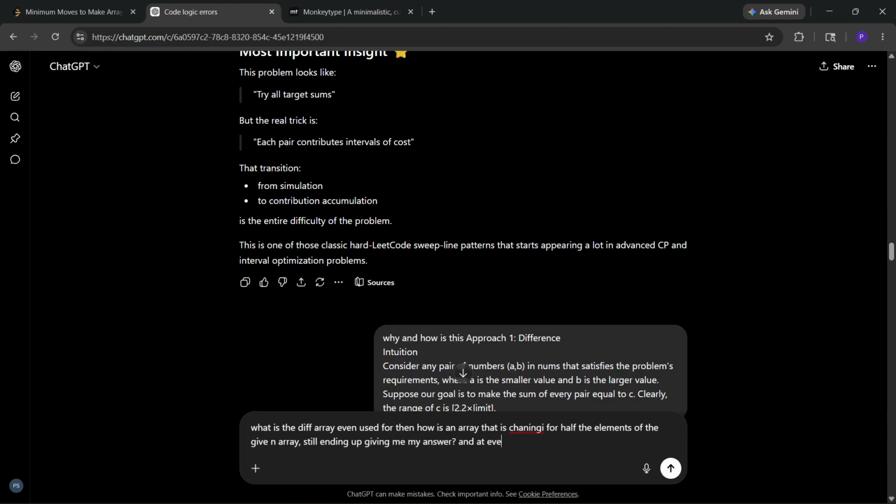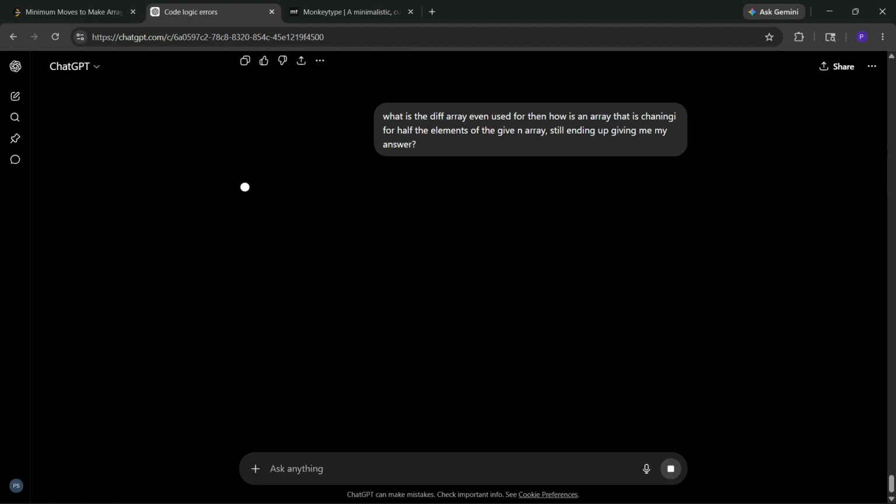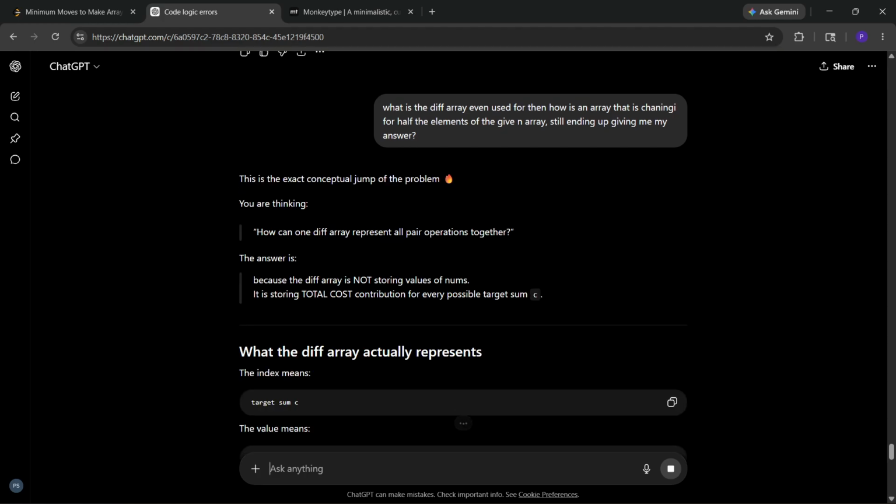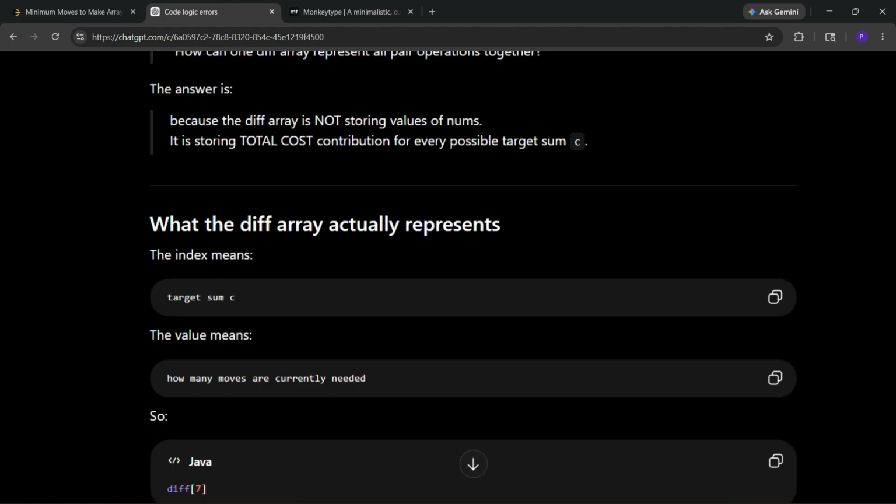And at every n by 2, at every iteration. I'm not storing the total cost, but how?